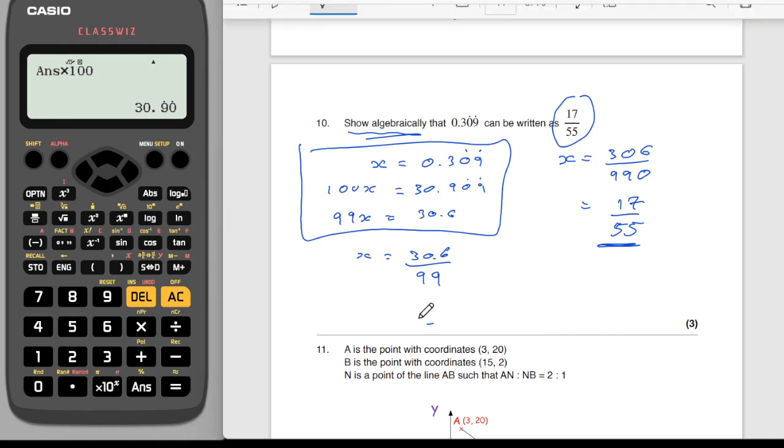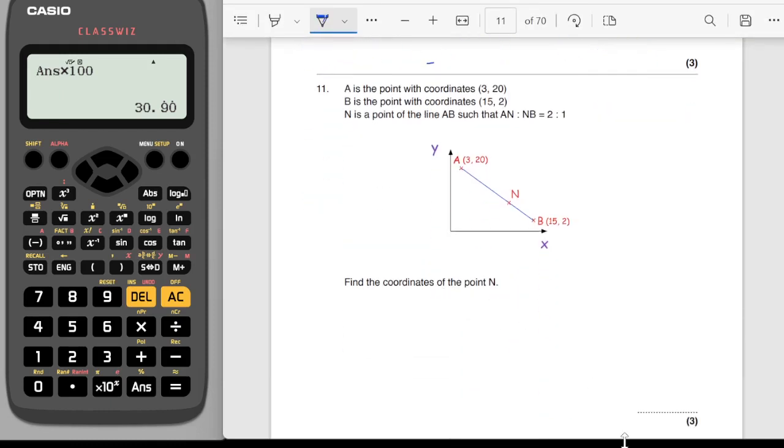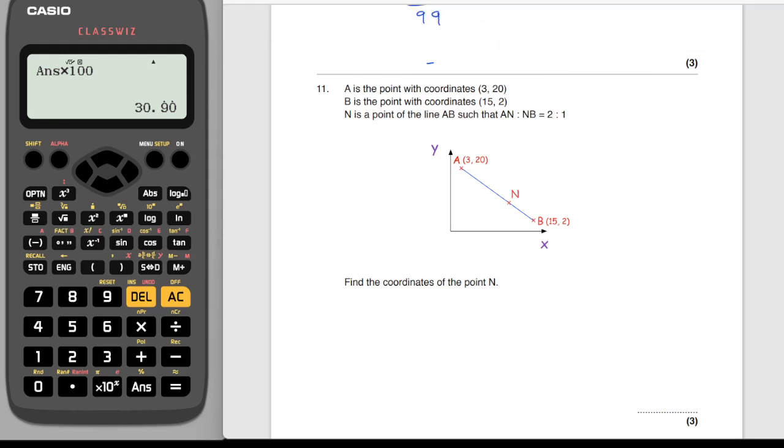Okay, question 11. A is a point with coordinates of 3, 20. B is a point with coordinates 15, 2. N is a point on the line such that AN to NB is 2 to 1. Find the coordinates of the point N. In effect, if we've got this ratio, that means 2/3 and 1/3.